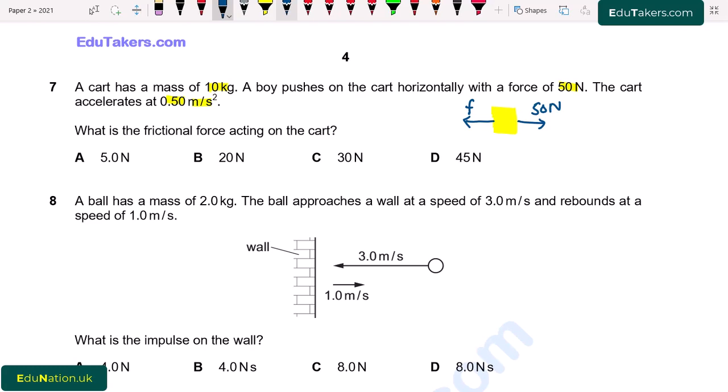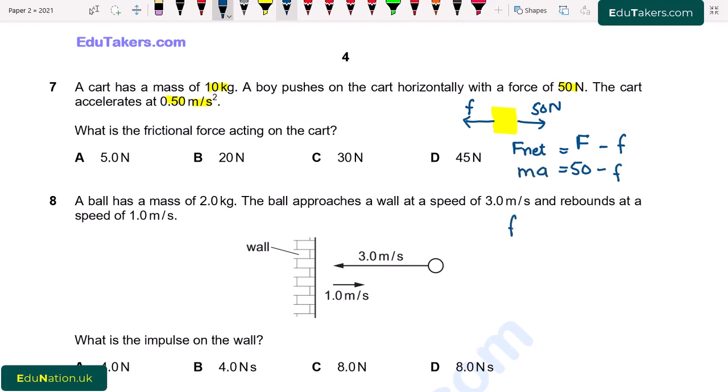So I write here net force will be equal to the force which is given that the boy exerts on the cart minus frictional force. Minus sign is because of the opposite direction of both of these forces. So it will be 50 minus f, while the net force is equal to ma.